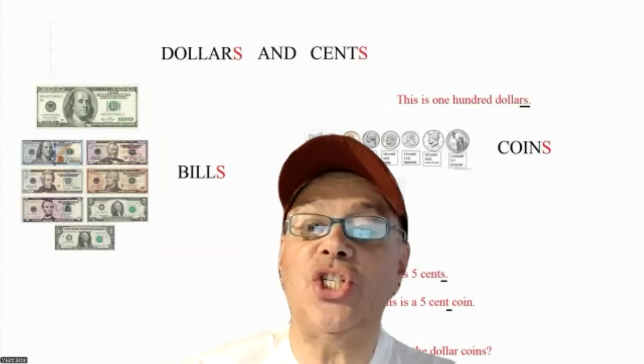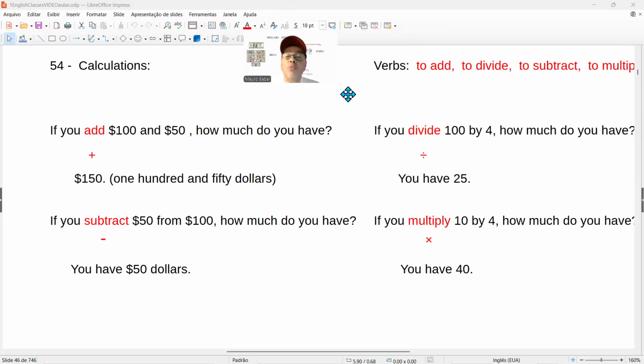Olha só, a gente já conhece, né? A gente já conhece o dólar, já conhece as divisões das notas e das moedas. Agora, quando a gente aprende a somar, dividir, como é que a gente fala? 2 plus 2 is 4, não é? 2 minus 1 is 1. 2 times 2 is 4. 2 by 2 is 1.